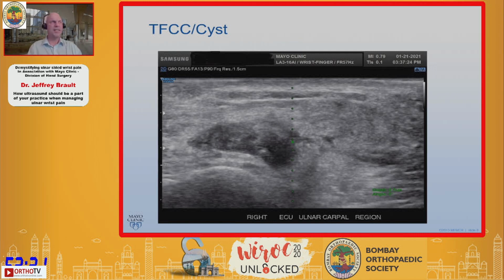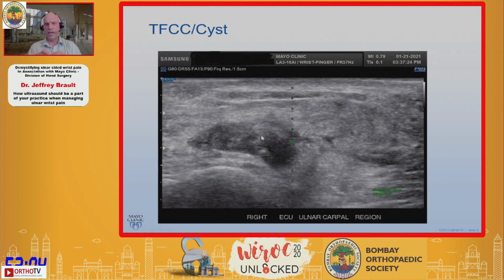Because it's interosseous, it's very difficult to see the inside or meniscal component of the TFCC. But if we have pathology like this or a cyst, we can hypothesize that there's at least damage to the capsule. On repetitive imaging, this cyst actually turns out to be multilobulated, so there are several little cysts within this cyst.